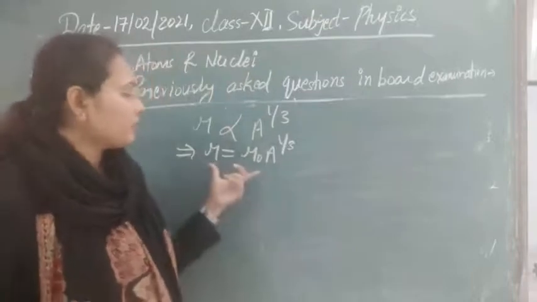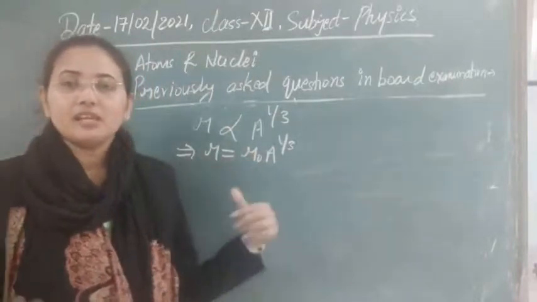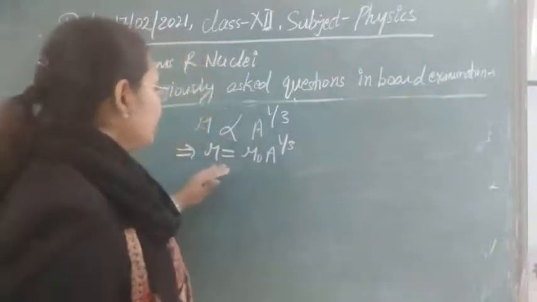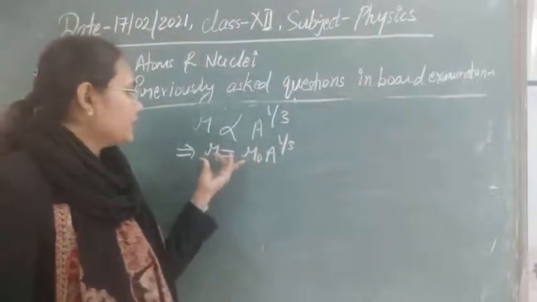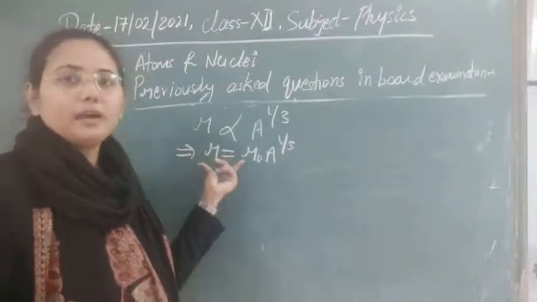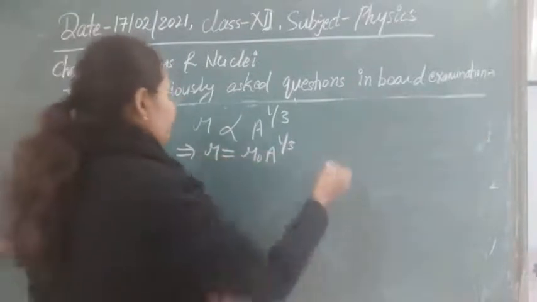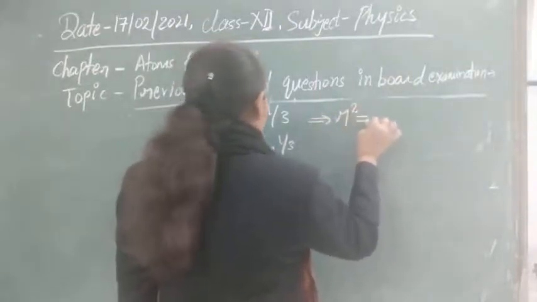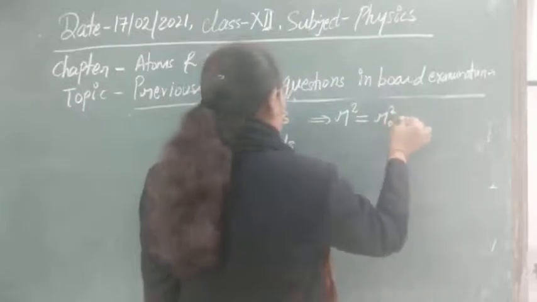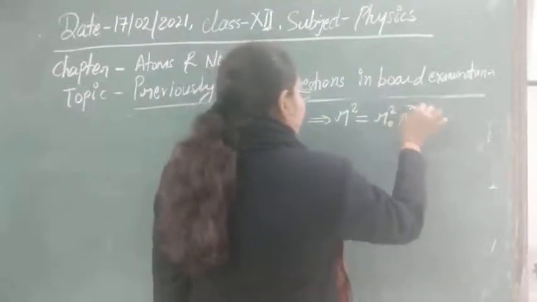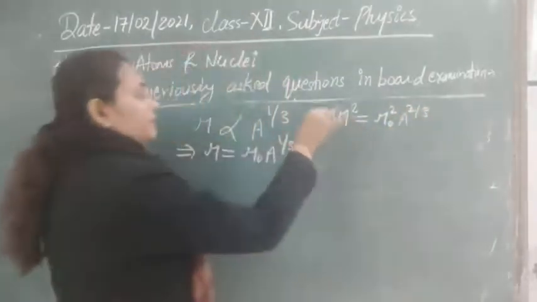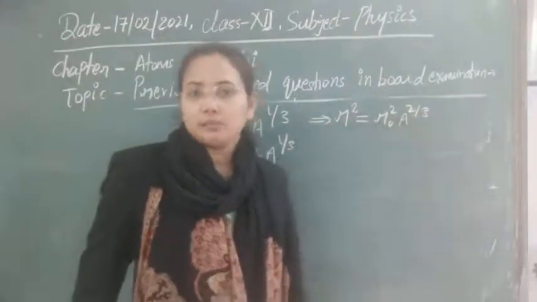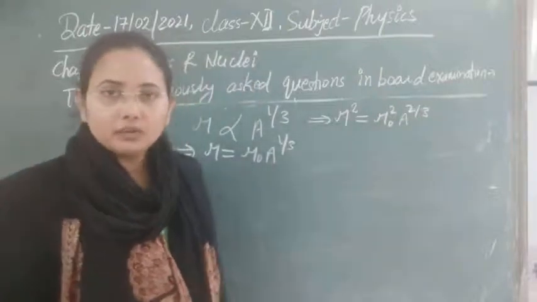The surface area is directly proportional to R squared, or we can multiply both sides by 4 pi. If we take the square on both sides, then R squared is equal to R0 squared times A to the power 2/3, and if you multiply both sides by 4 pi, this provides the relationship for the surface area of the nucleus.